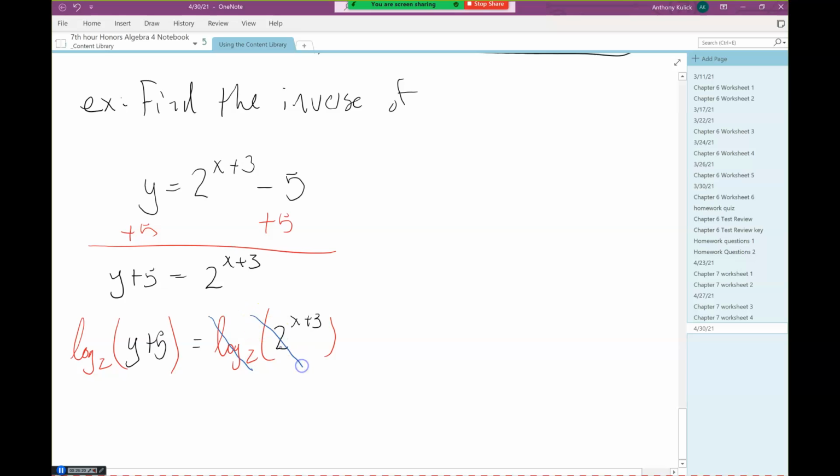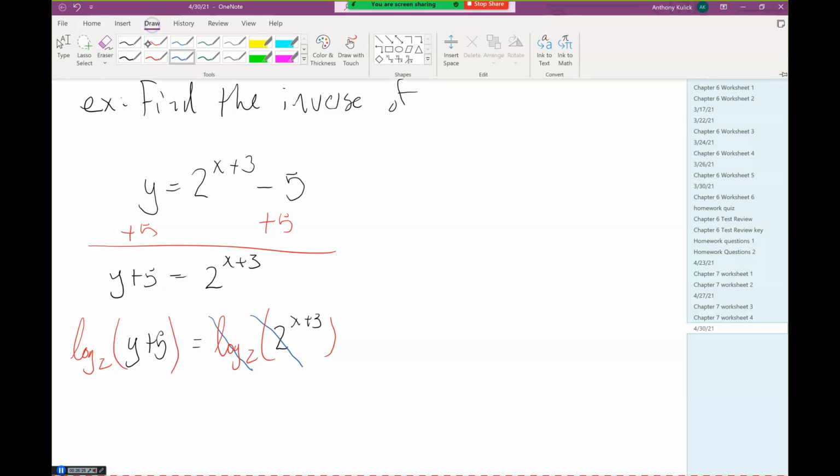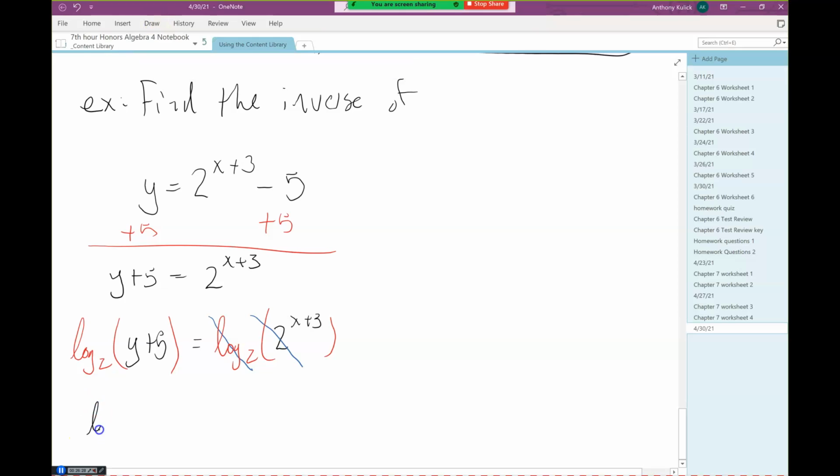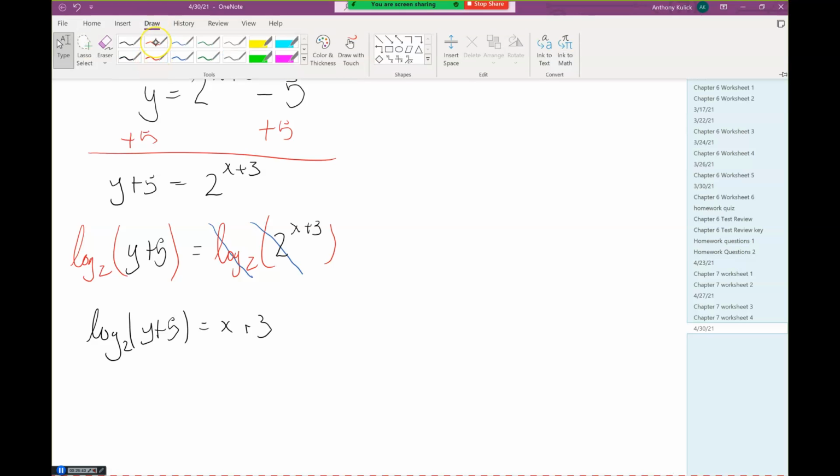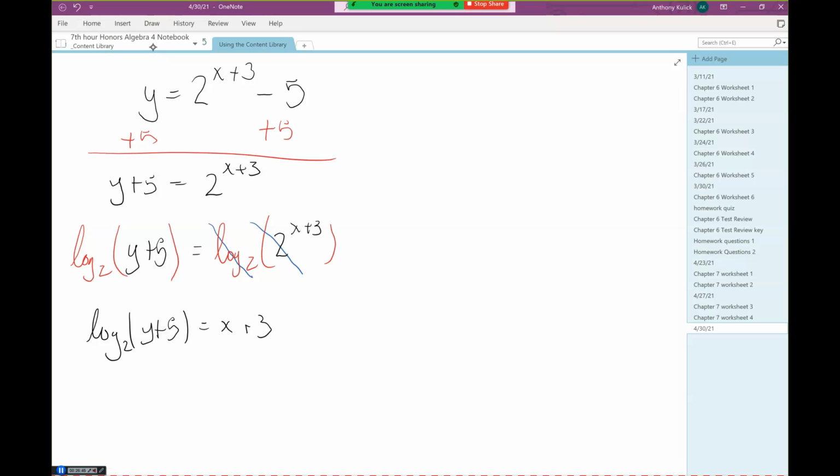And as we just got done discussing, the log base 2 will cancel the exponent base 2. So on the right-hand side, we're left with just the x plus 3. And then all we have to do to finish this problem out is to subtract 3 from both sides and then swap my variables.